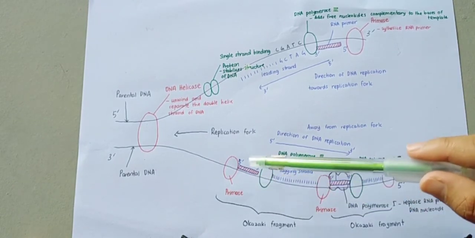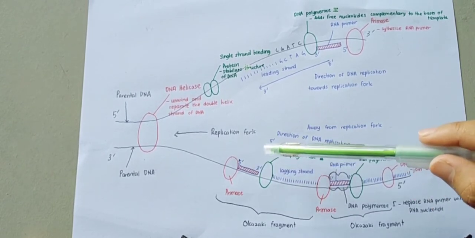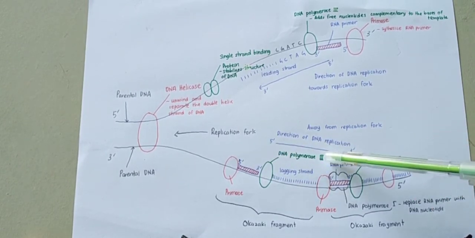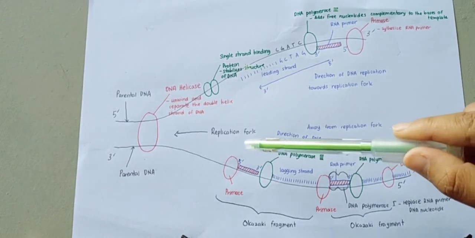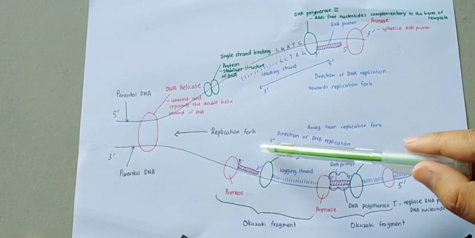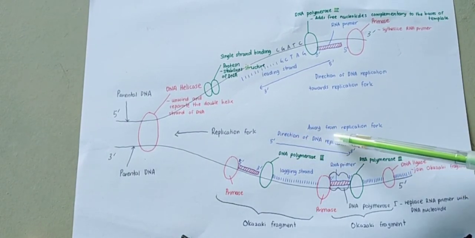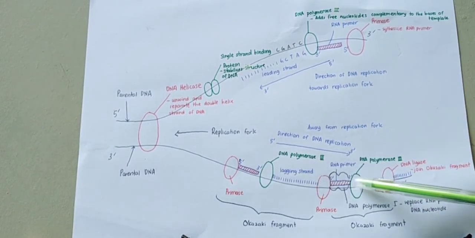Because of what? Since dia adalah lagging strand, the direction of DNA replication is also the same from 5' to 3', but it runs away from the replication fork, or the DNA is synthesized discontinuously from the replication fork.